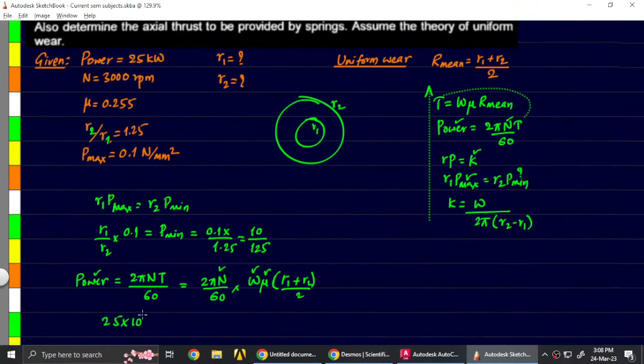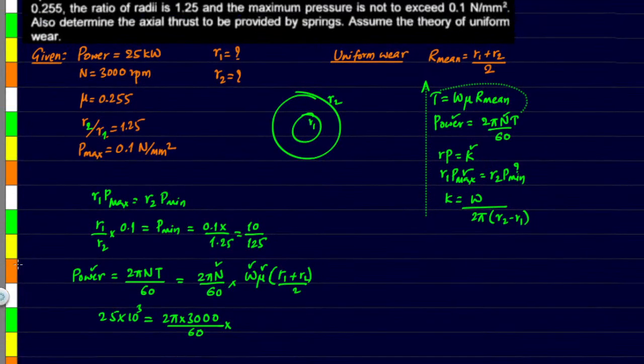25 into 10 power 3 watts, that's equal to 2 pi into n, which is 3000 by 60, into mu 0.255 into R1 plus R2 by 2. R1 and R2 both are not known, or else we could just substitute over here.